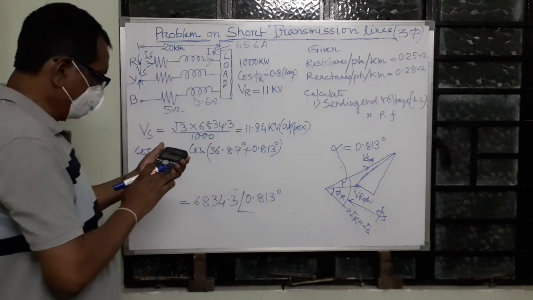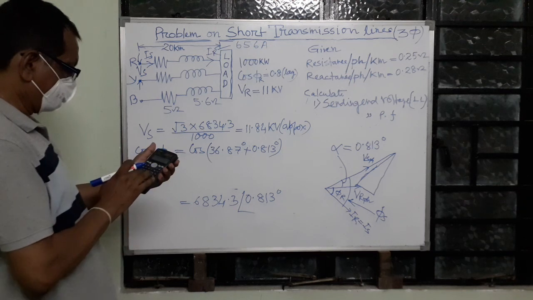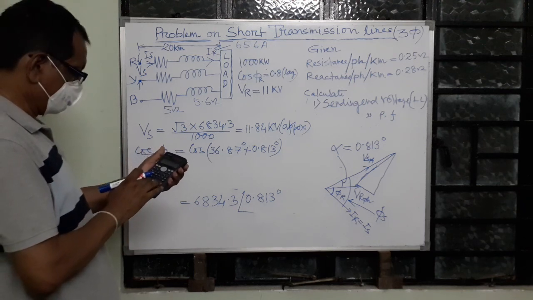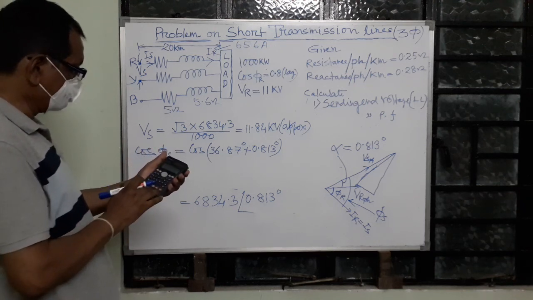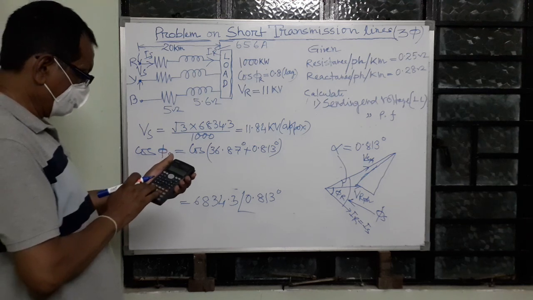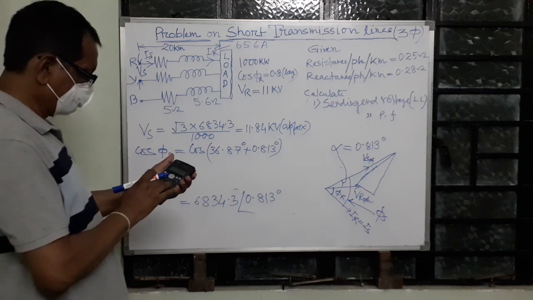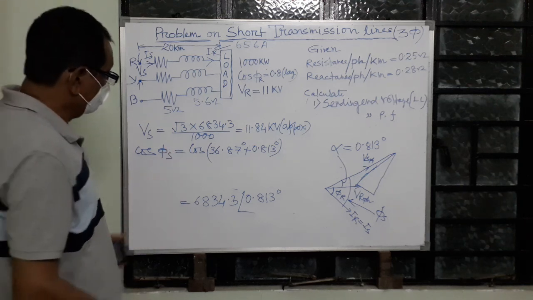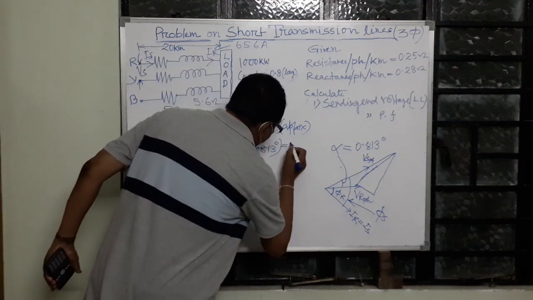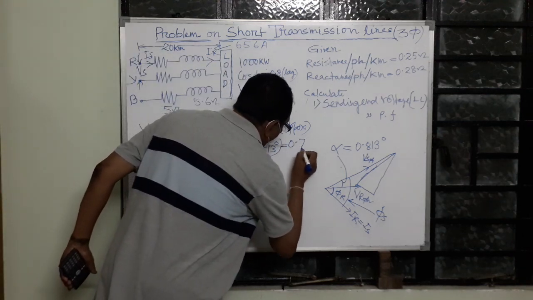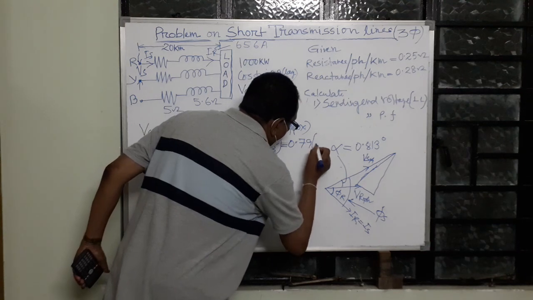So this will be cos of 36.87 plus 0.813, which is 0.79 lag.